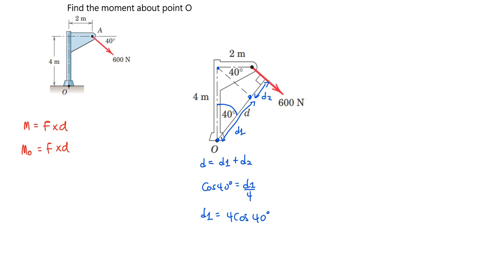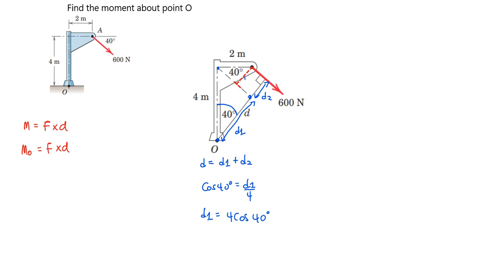And then for D2, we know that this line here and the line of action of the force are parallel to each other. So that means that the distance between them will be the same. If I measure this distance here, that should be the same as D2. I can consider that distance also to be D2 because the two lines are parallel.